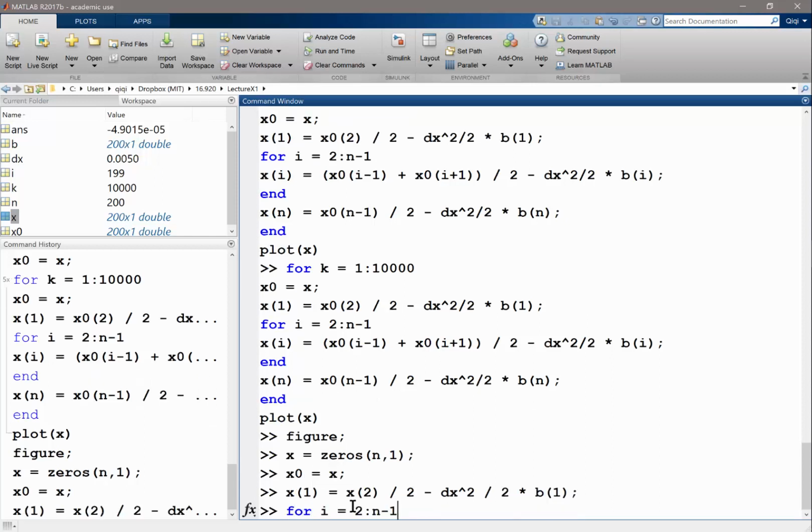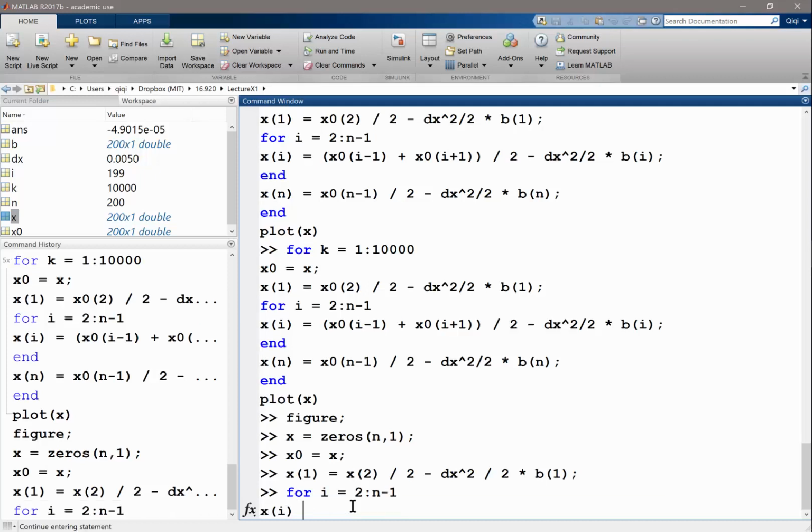And the for loop is still the same. xi is equal to now xi minus 1, which is what I updated in the last i loop, plus xi plus 1, which is the old value. I haven't updated it yet. x0 is equal to x at this point, right? This is why in Gauss Seidel I don't need an x0.